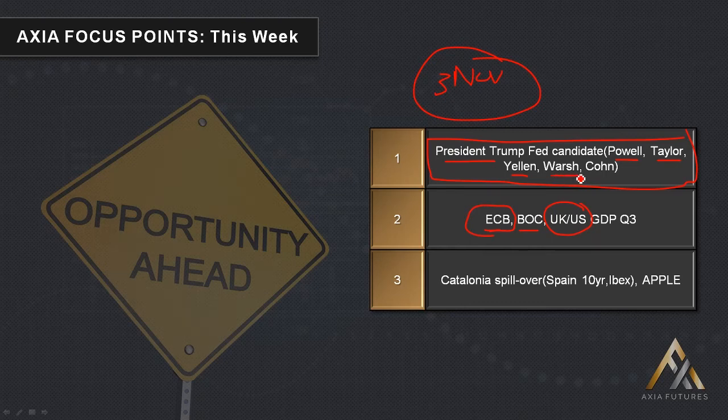Walsh was once upon a time the key candidate. And Cohn, obviously, whilst being ruled out, is still the ideal candidate based on what Trump wants. Very friendly to markets, wants to get rid of regulation, etc., etc. So again, any one of these 5 candidates is still the potential. So just make sure you know what you're going to do in each scenario.